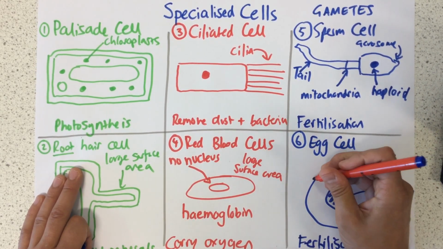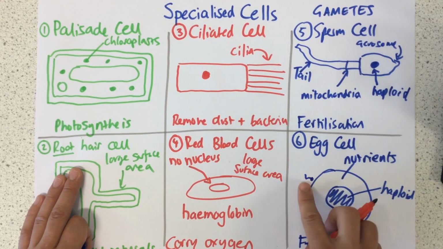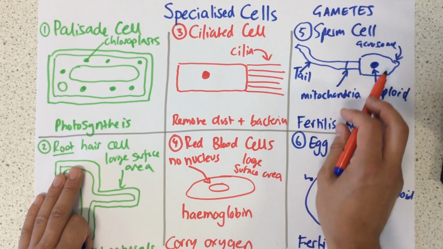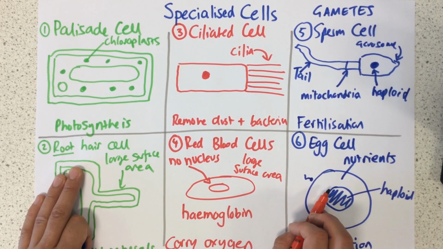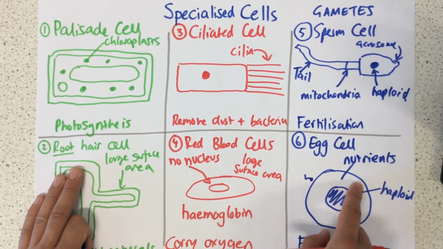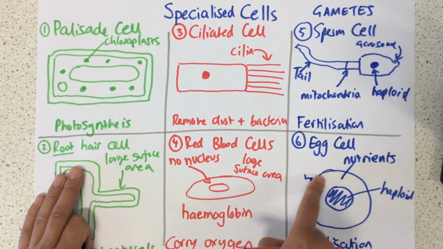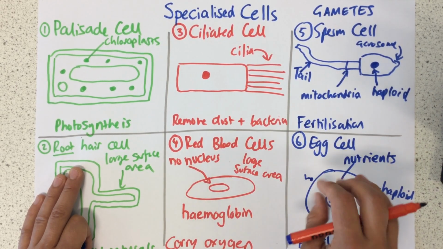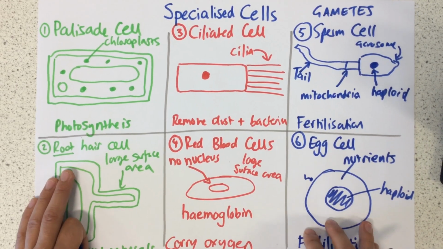In reality, sperm cells are much, much smaller than egg cells. So here's where they release their enzymes from the acrosome in order to get into the egg cell, in order for their nuclei to combine. That's fertilization. As soon as the sperm has got in, the membrane of the egg cell, this is another way it's specialized, changes so no other sperm can get in.